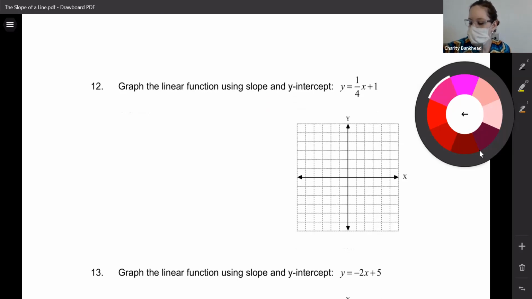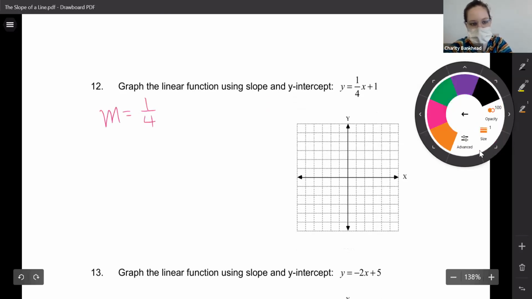Okay, number 12. Graph the linear function using slope and y-intercept. All right, so we can see that the slope is equal to 1/4 and the y-intercept is equal to 1.